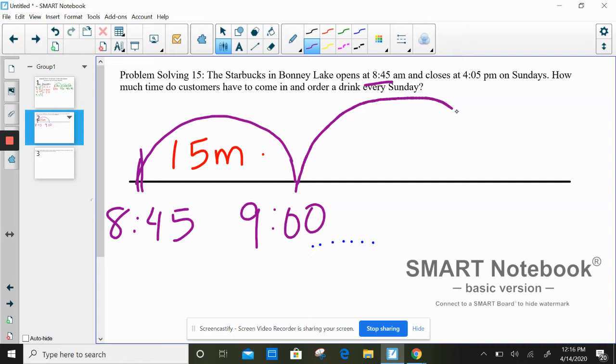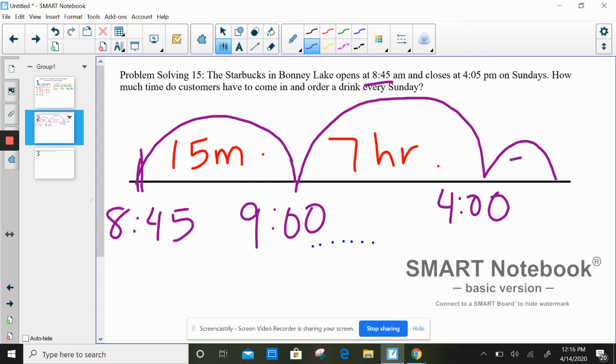Do a big jump. That's a big time that I'm passing by. I'm moving ahead 7 hours on my number line here, and that's going to give me 4 o'clock. Now I'm almost at 4:05. All I have to do now is add a little bit of something else to get from 4 o'clock to 4:05. And I'm going to add a little jump of 5 minutes.